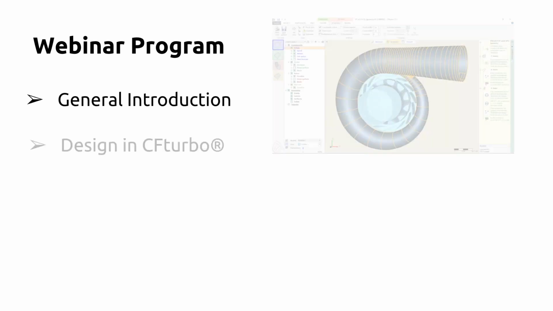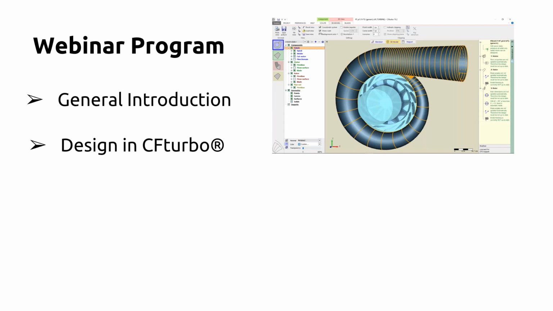About the webinar program, the webinar is going to take about 1 hour. There will be 4 parts in this webinar. The first part is this general introduction. In the second part, we can call it the design part or CFturbo part. There will be a live example where Oliver is going to introduce CFturbo a little bit. And then he will show us a live example of centrifugal pump design from scratch in CFturbo with the final export of the designed model to TCFD.